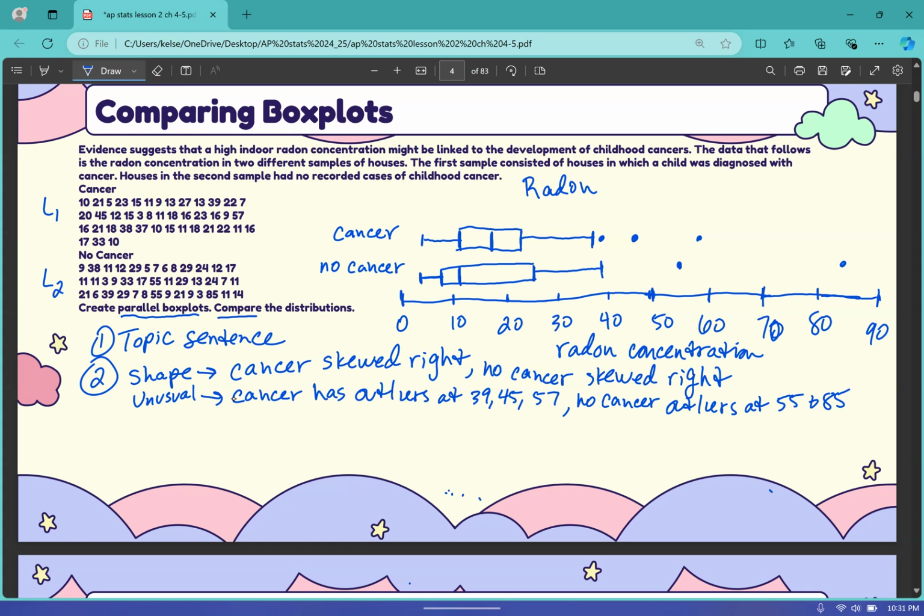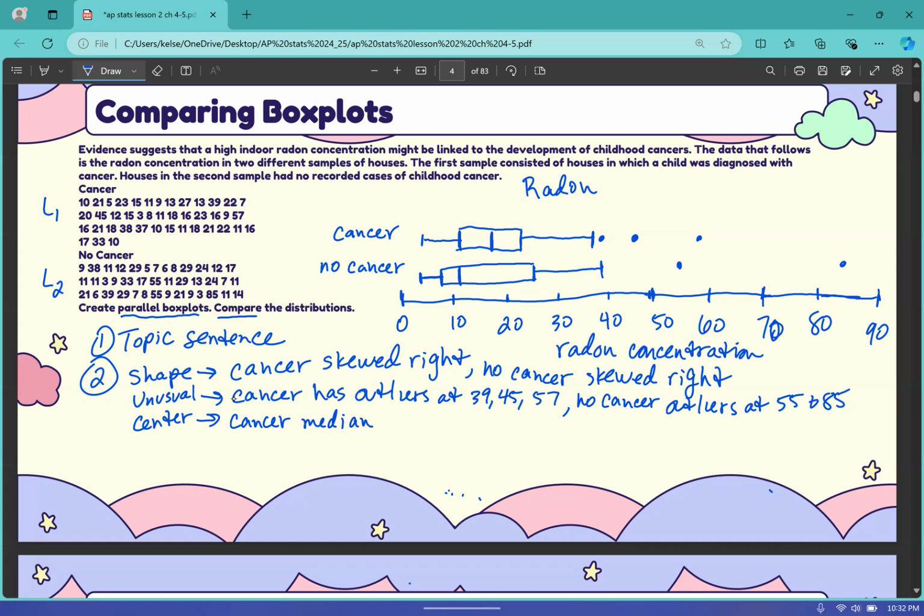All right, and then the next thing we'll talk about is the center. Since both of these are skewed, you should report the median for each. Skewed, you report the median. So the median for Cancer, and tell the reader what measure you're using, so we're doing the median.